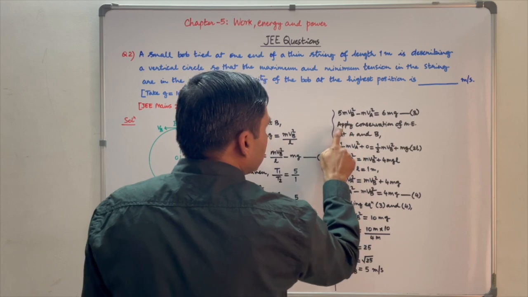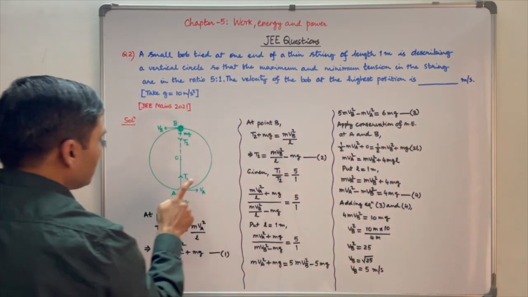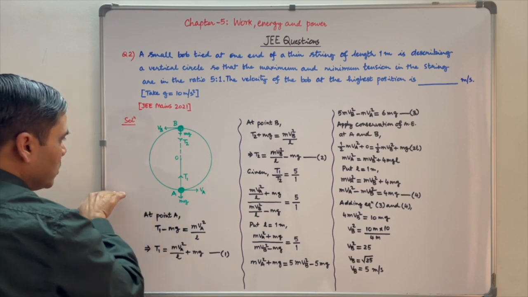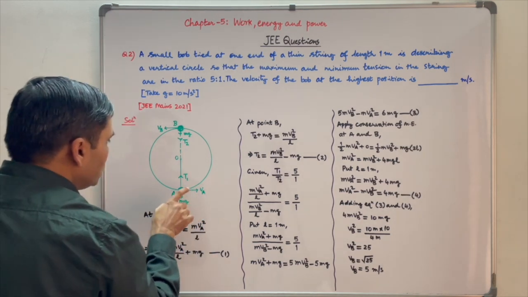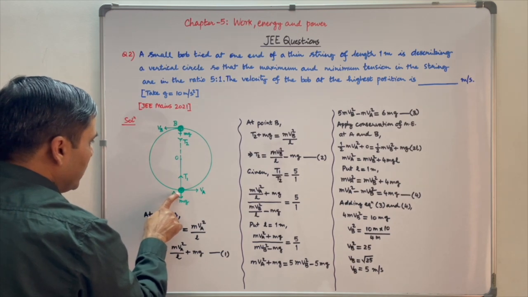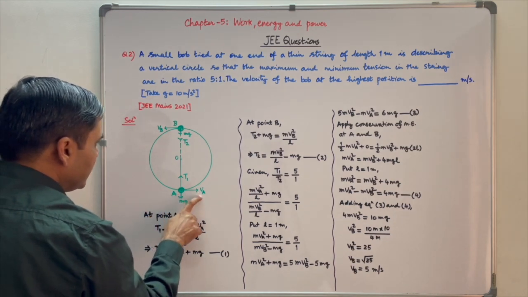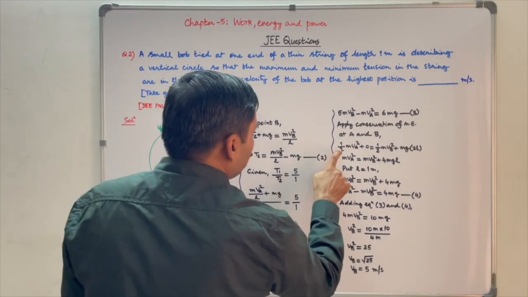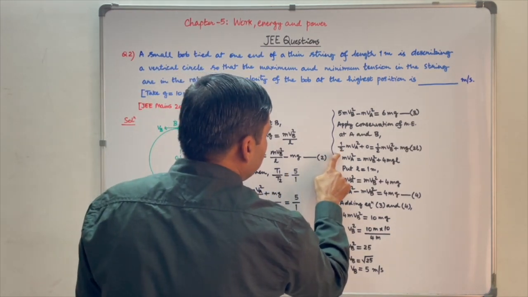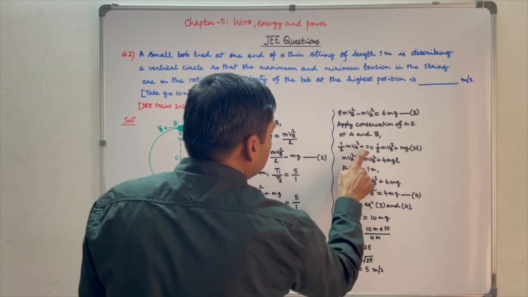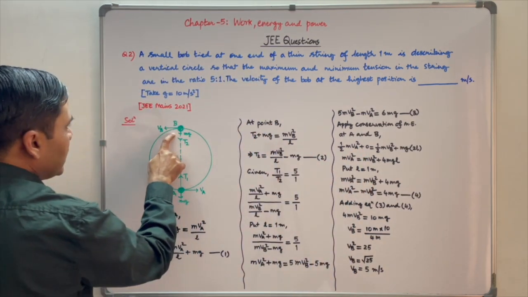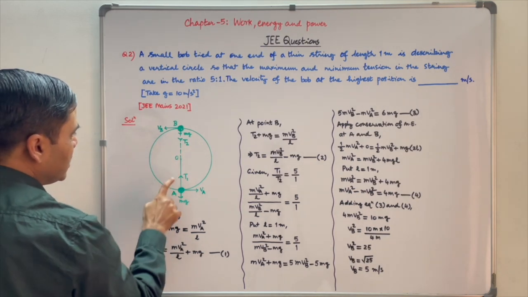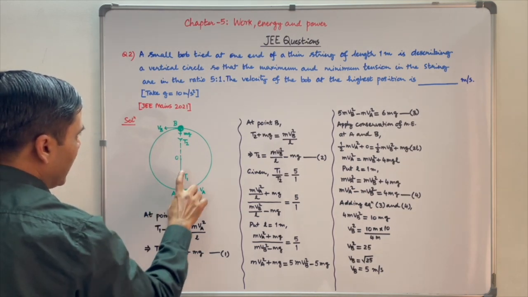So we can apply conservation of mechanical energy at points A and B. Suppose our reference line, that is horizontal, passes through A. So the kinetic energy of the bob at point A is half mVA square and potential energy is 0. So at point A, mechanical energy will be half mVA square plus 0. At point B, the kinetic energy of the bob will be half mVB square and potential energy will be mg into h.